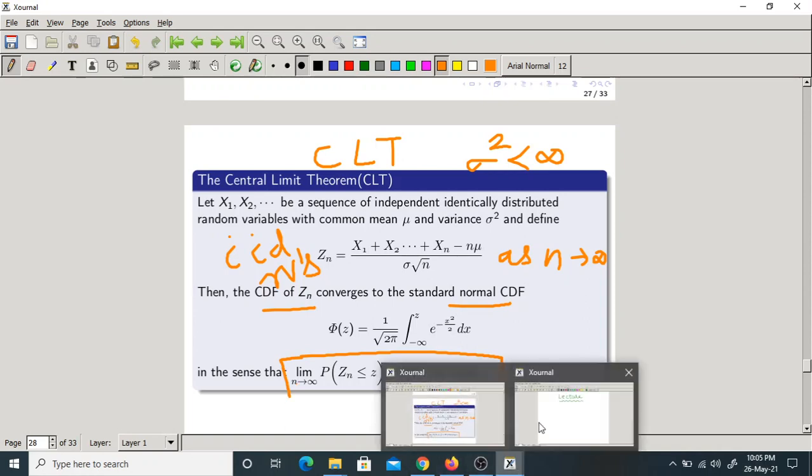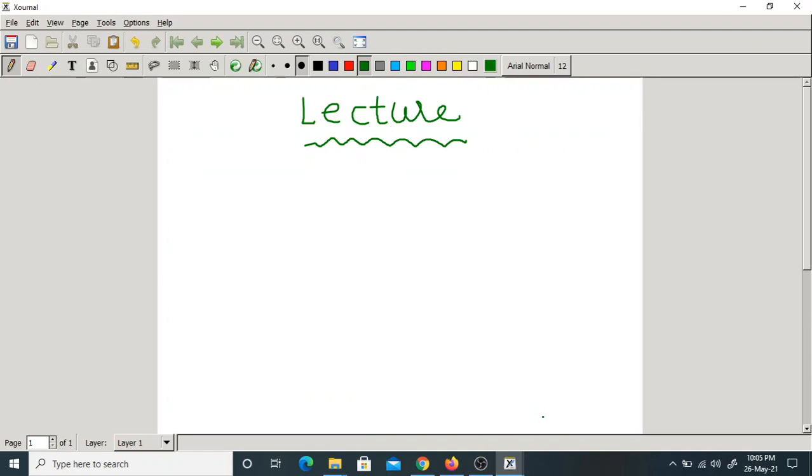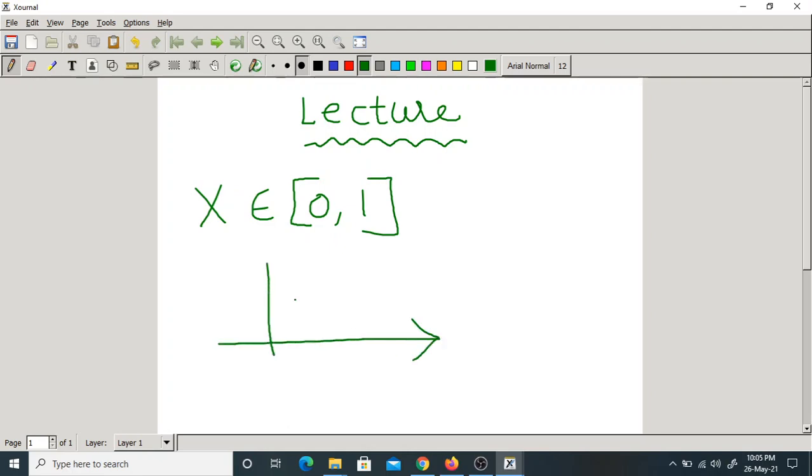So what does it say? Suppose you take x, a random variable that is uniformly distributed between 0 and 1. What is its PDF? It is 1 between 0 and 1; this is x, this is fx of x.